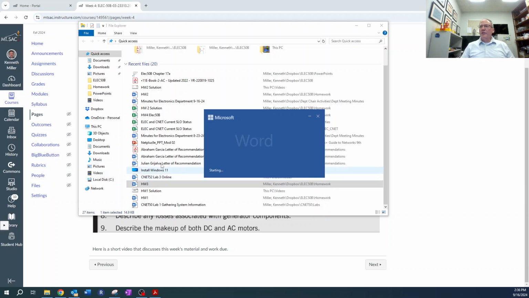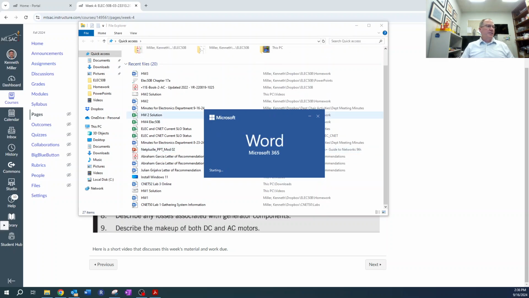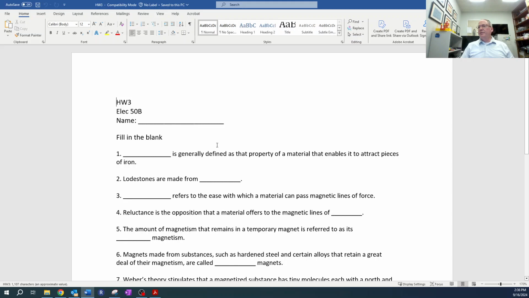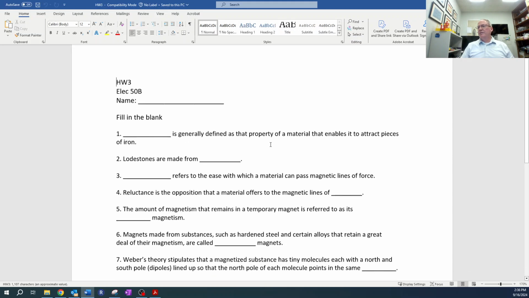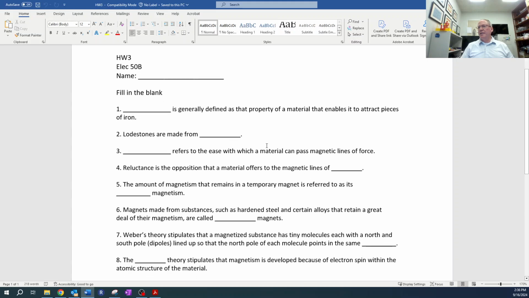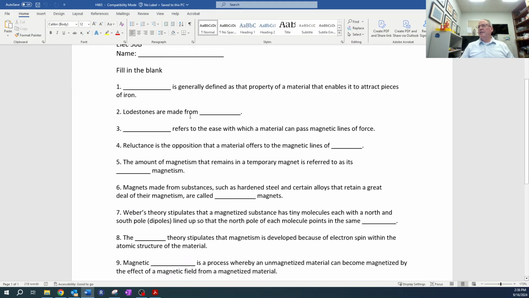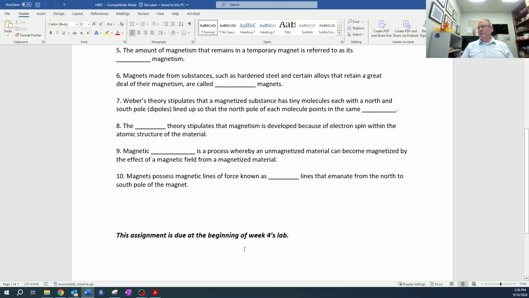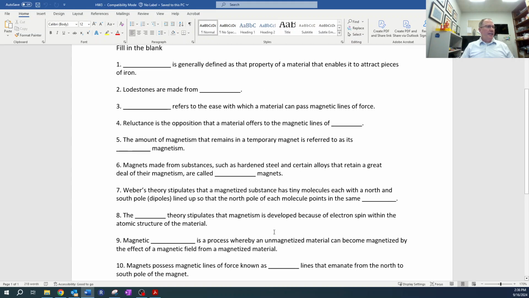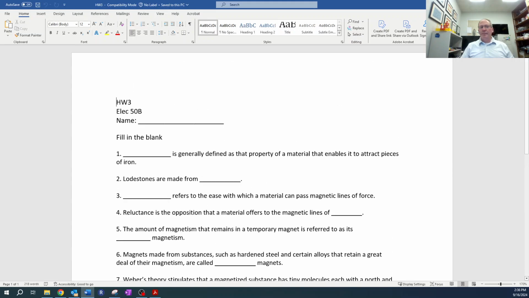And homework 3, and again, remember, this is from chapter 16. So go back and read chapter 16, and you can pick this up during the beginning of this week's lab, and then you can hand it in at the start of next week's lab.